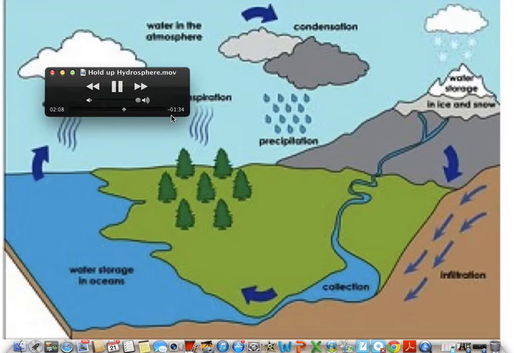Precipitation. Ice, liquid, and water vapor. But the cycle is not the norm. In the process, water keeps its form. Hold up. Evaporation, liquid water to a gas, caused by energy from the sun.